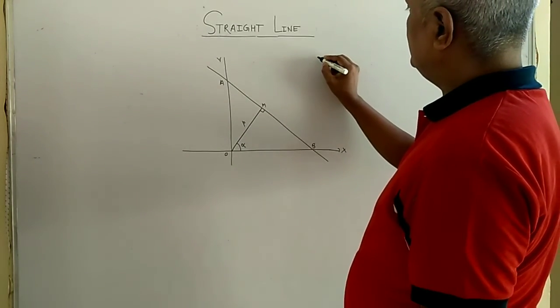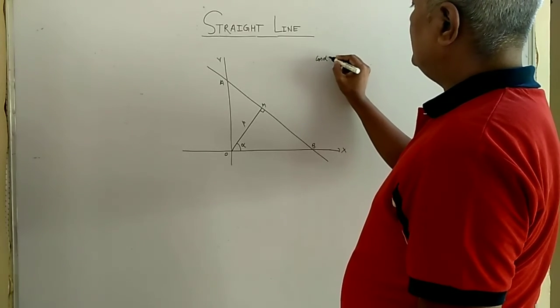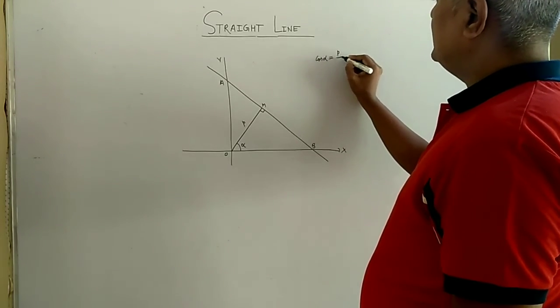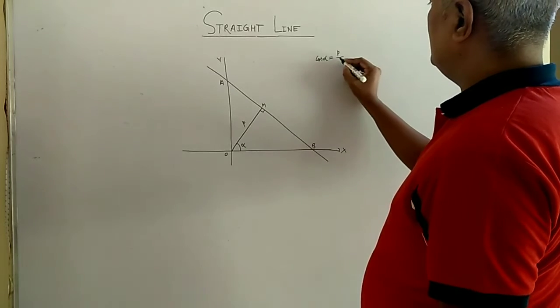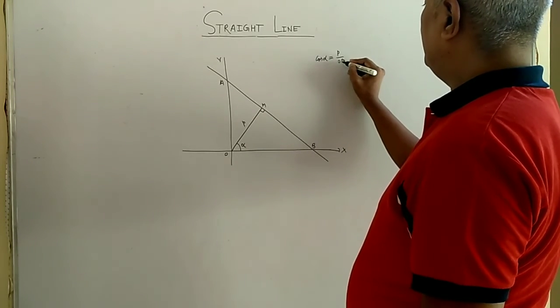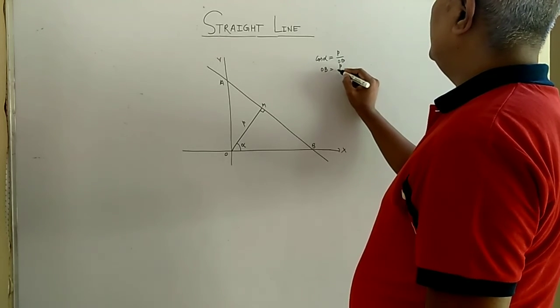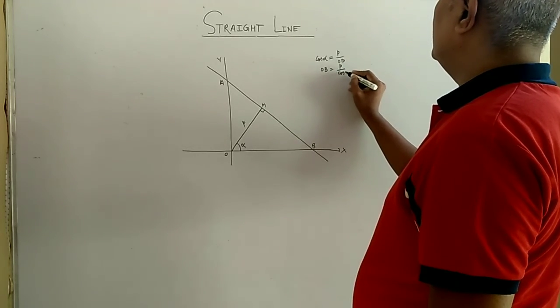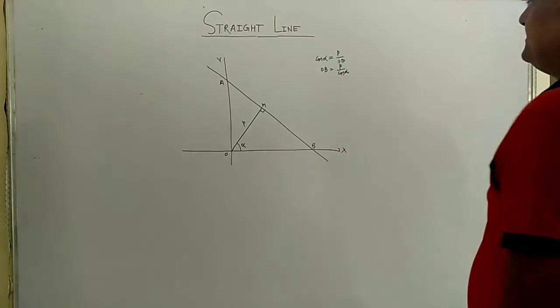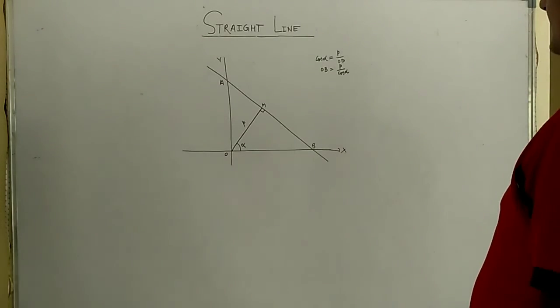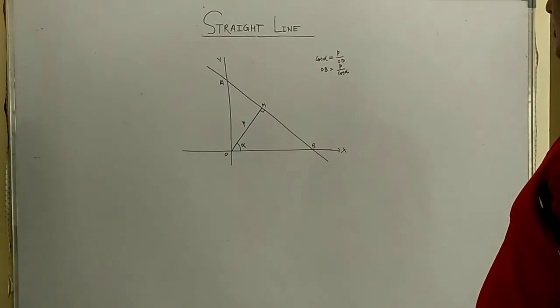So I use cos alpha is adjacent, that is P over hypotenuse, which is OB. So I write OB equal to P over cos alpha.